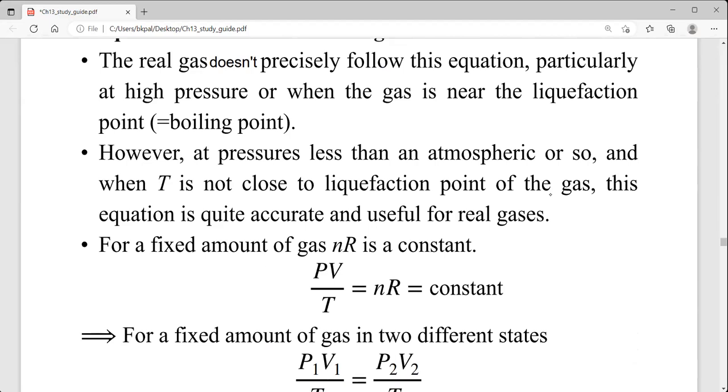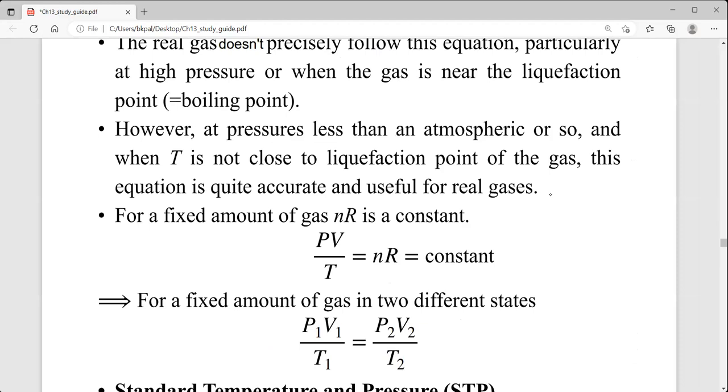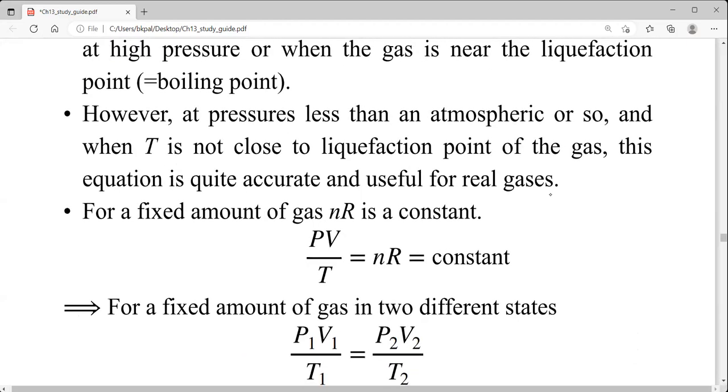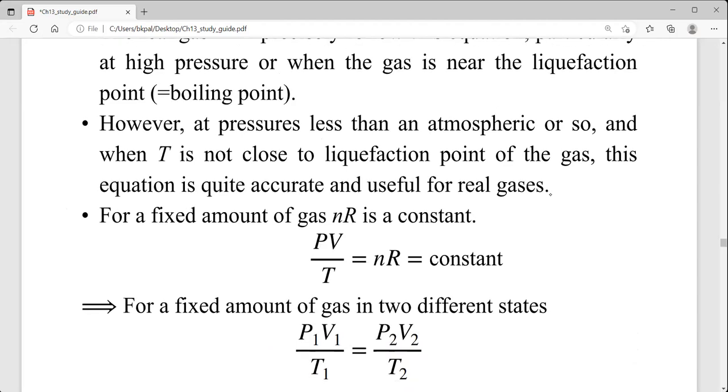Now there are two other forms we can write this equation. The first one is when n is also constant, I mean when the amount of substance is fixed. Then n is constant, R is already a constant, right?